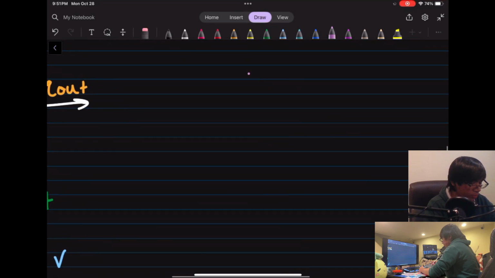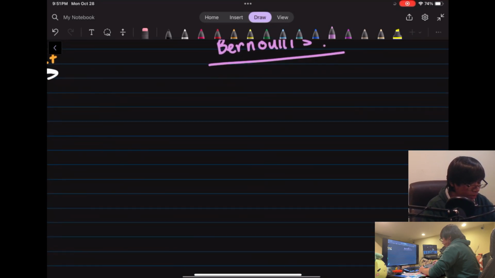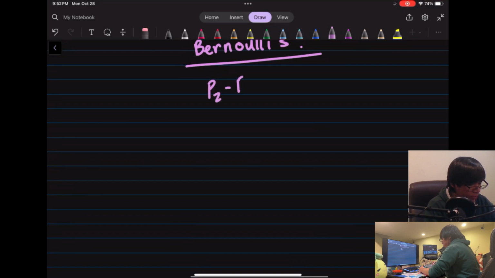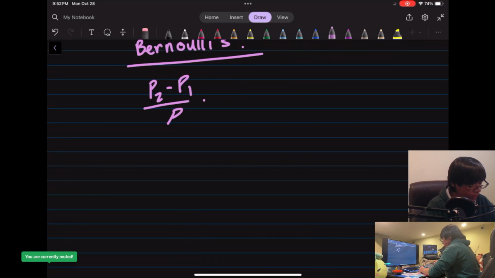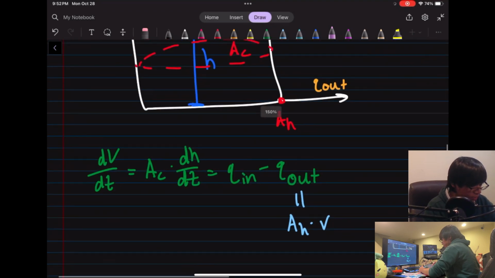For Bernoulli's, we had our pressure work over density, and we added that to our gravitational constant times height, so potential energy.